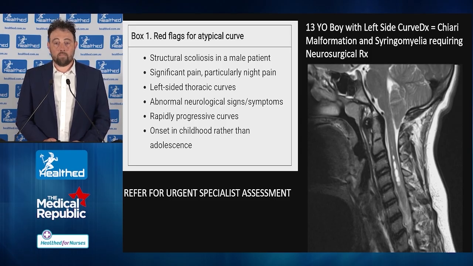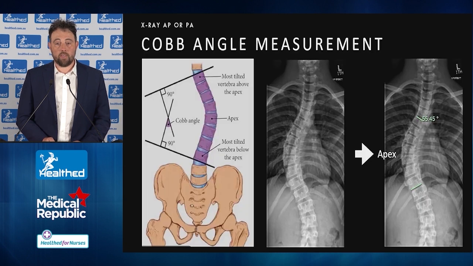And this was diagnosed on the MRI. And this is so severe, it's also caused a fluid collection within the cervical spinal cord that you can see there called syringomyelia. And this required neurosurgical treatment with decompression of the Chiari malformation. We subsequently treated the scoliosis with a brace in that particular case, but ultimately the young man did require surgery.